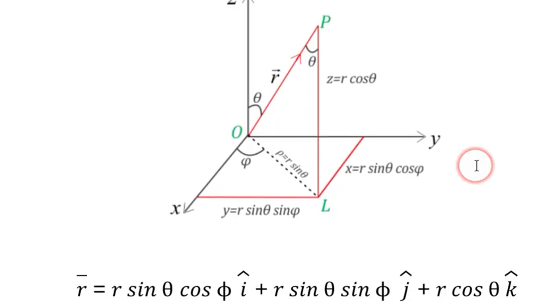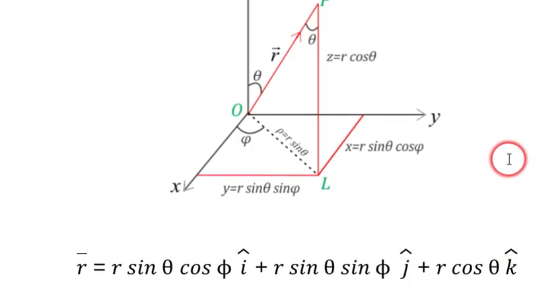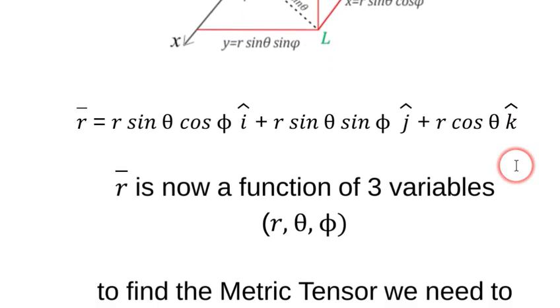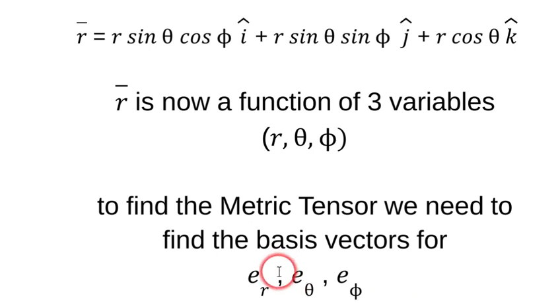So now we can write this vector as the x component, the y component, and the z component with our orthonormal unit vectors in 3 dimensions. Now what we want to do is we have this r value, now a function of 3 variables, r, theta, and phi. And to find the metric tensor, we need to find the basis vectors in r, theta, and phi. And we're going to call those e_r, e_theta, and e_phi.